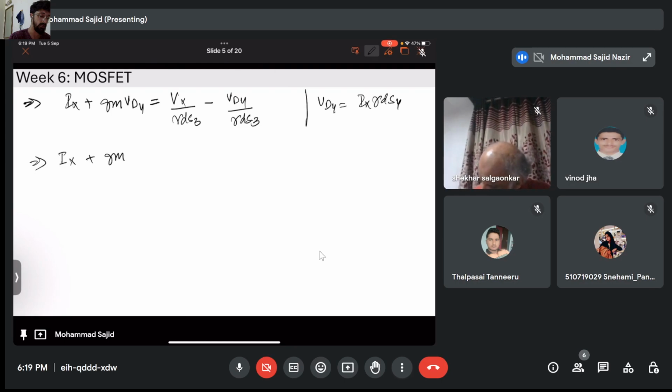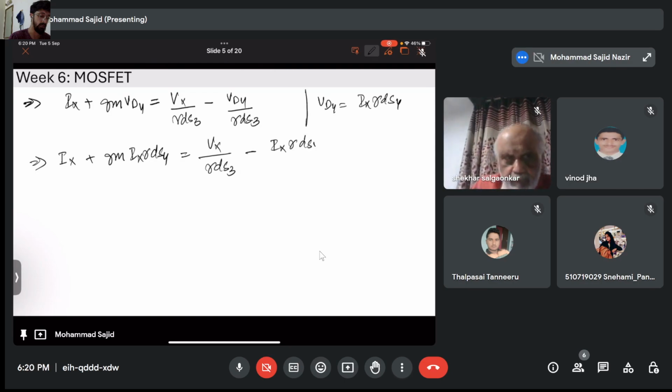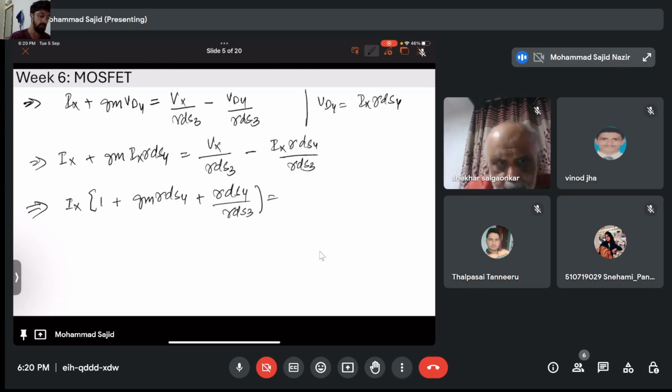This will be GM Ix RDS4 is equivalent to Vx by RDS3 minus Ix RDS4 by RDS3. Transferring the variables and taking Ix common, this will be one plus GM RDS4 plus RDS4 by RDS3 is equivalent to Vx by RDS3.